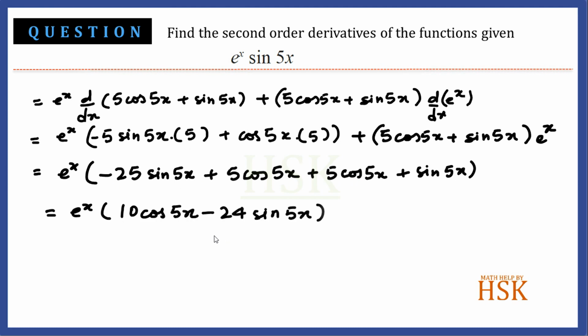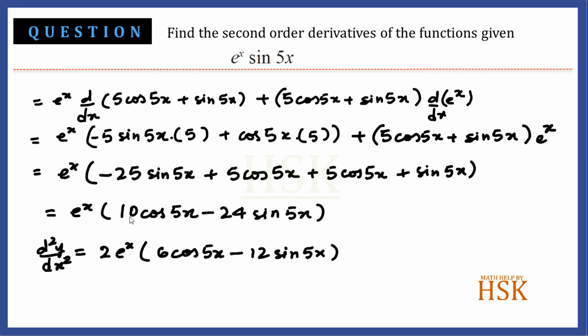Okay, and this would be equal to 5 cos of 5x plus 5 cos of 5x gives me 10 cos of 5x, and minus 25 sine of 5x plus sine of 5x gives me minus 24 sine of 5x. Okay, so d2y upon dx square is equal to, here from this bracket I have taken 2 also as common, so I am going to get d2y upon dx square is equal to 2 into e to the power of x times 6 cos of 5x minus 12 sine of 5x, which is the required answer.